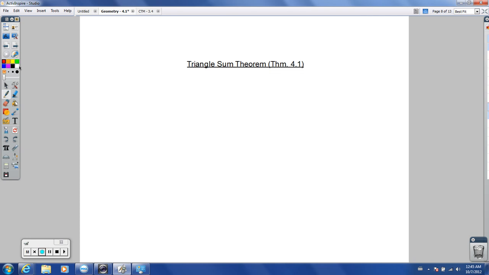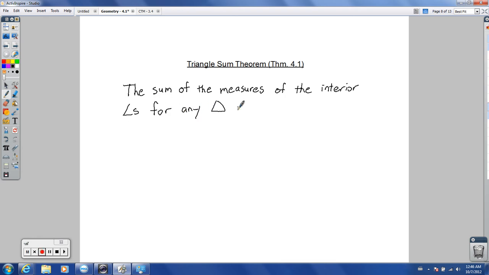It says this, that the sum, meaning you add them all together, so the sum of the measures of the interior angles, I'll abbreviate angles like that, the sum of the measures of the interior angles for any triangle is 180 degrees.